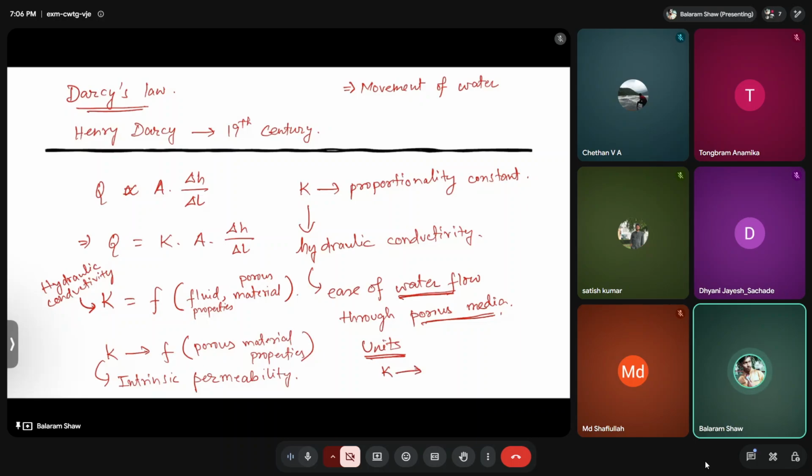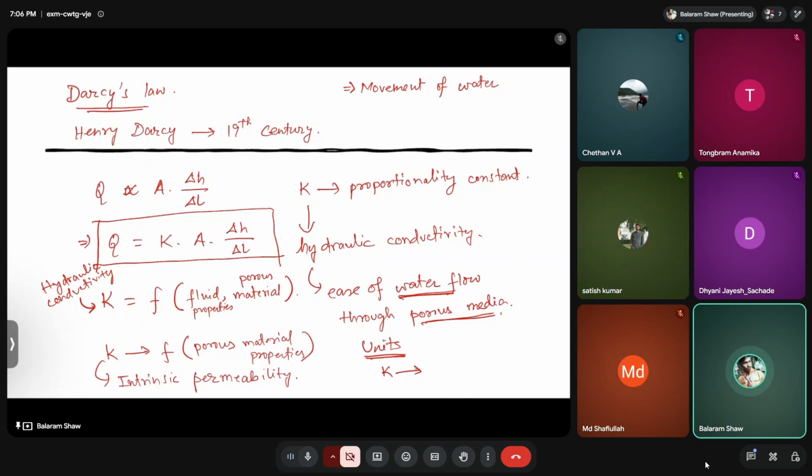Okay, so the units, if you see for the hydraulic conductivity, what will be the unit? You can just use this equation of Darcy's law, and you can tell me. Anyone?